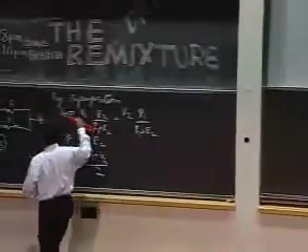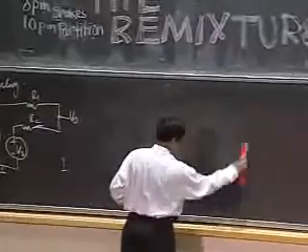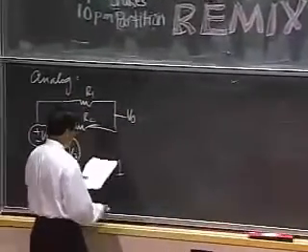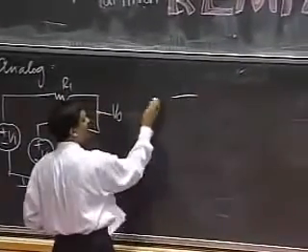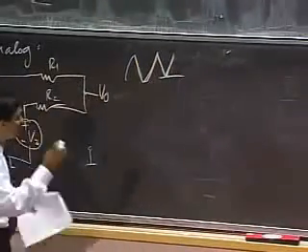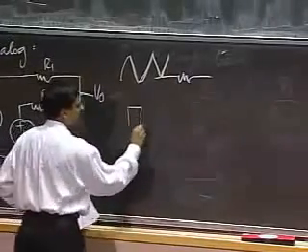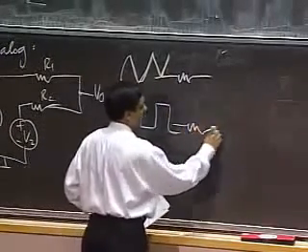I'll switch to page 3. Let me just draw a little sketch for you here. What I showed you was I had a triangular wave coming on one of these inputs, and I had a square wave on the other one.